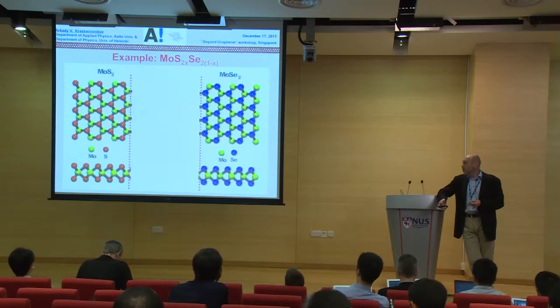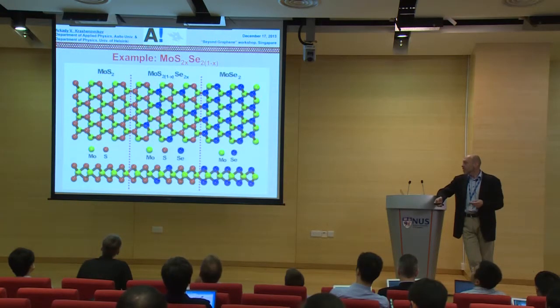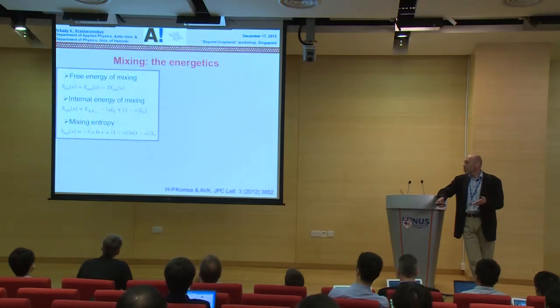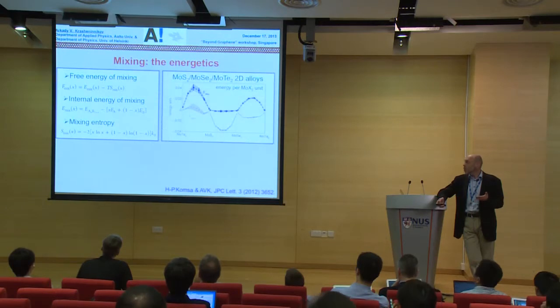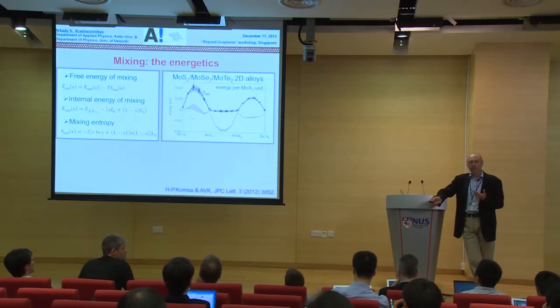So I'm a theorist, so we can take atoms and mix them in the computer and then calculate total energy and free energy with account for entropy of mixing. And actually we see from this plot that at room temperature, these compounds must be stable.